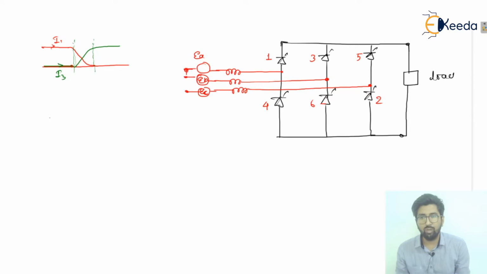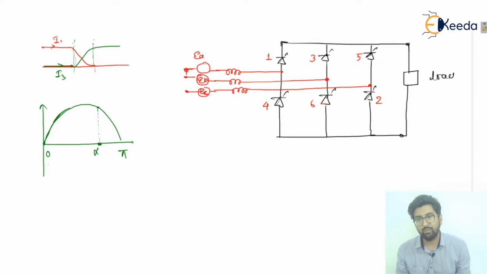If we draw a waveform, let us suppose this is 0 and this is pi, and we have fired up to here.